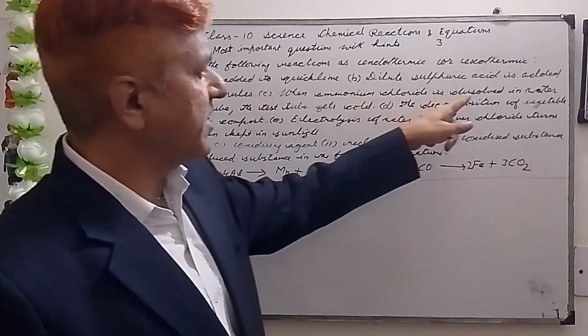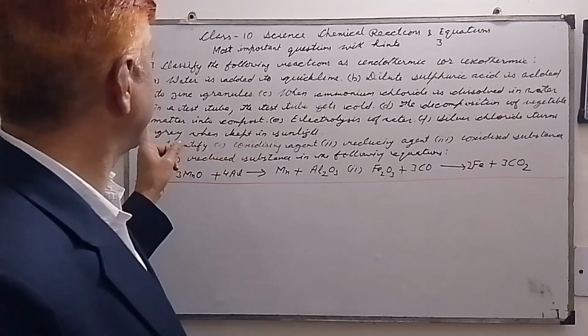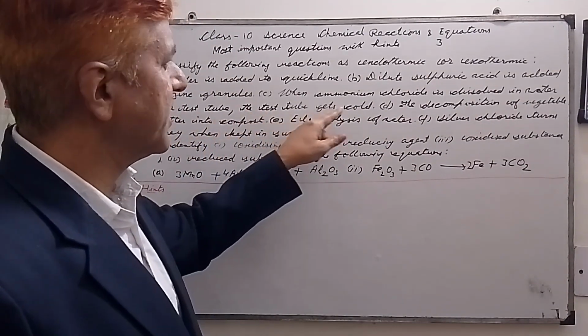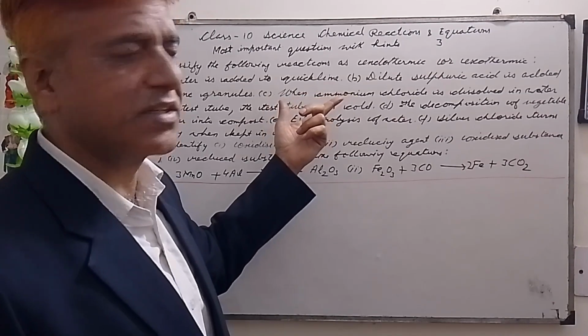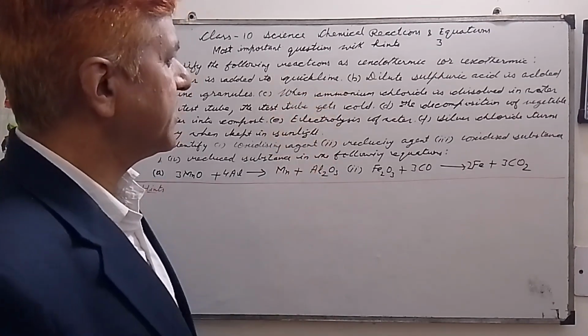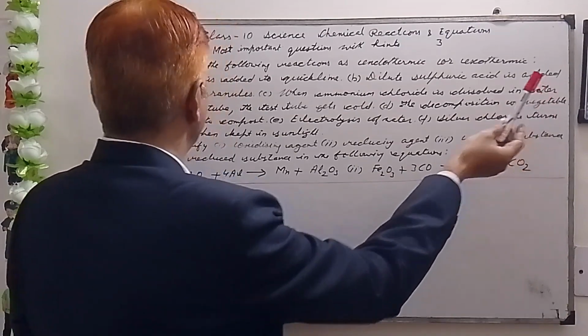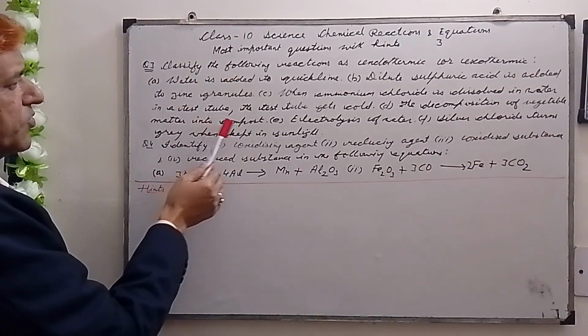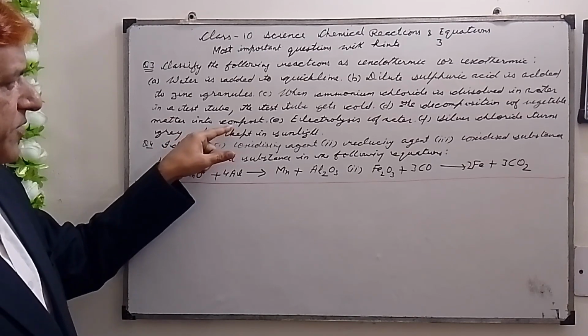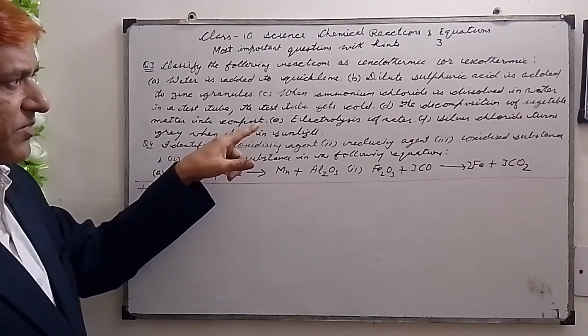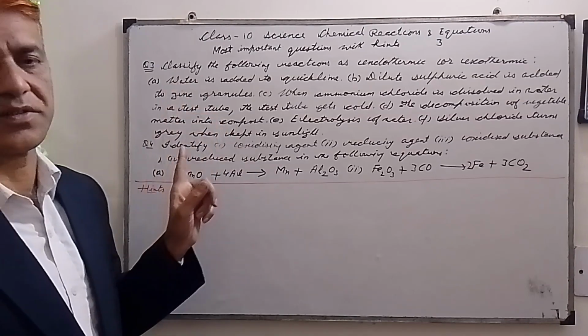C, when ammonium chloride is added in water in a test tube, the test tube gets cold. It means absorption of energy, so it is an endothermic reaction. D is decomposition of vegetable matter into compost. This is, my dear student, making of compost is always an exothermic reaction.